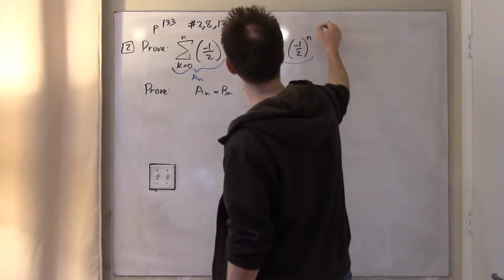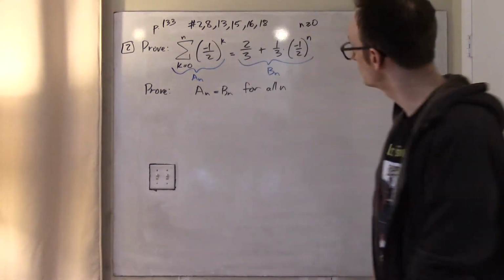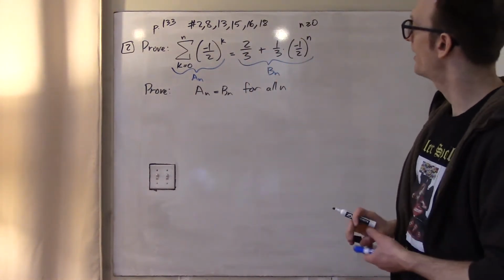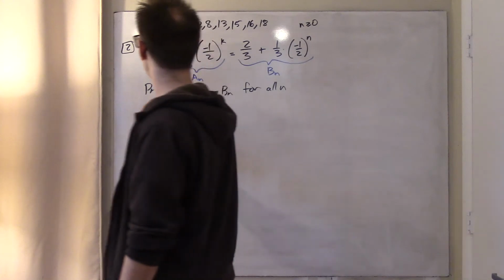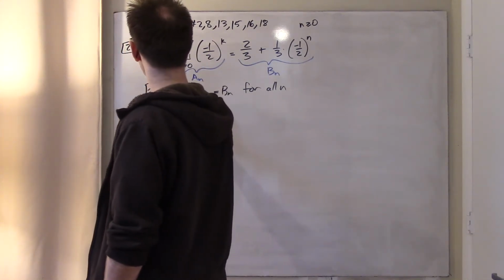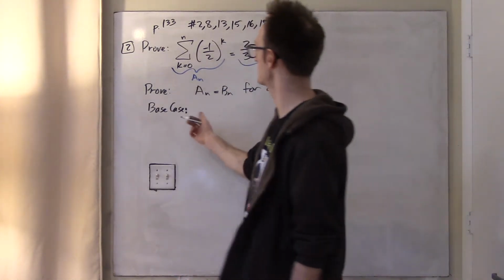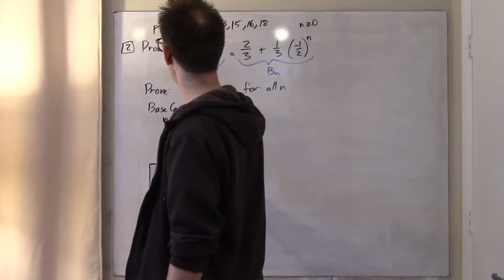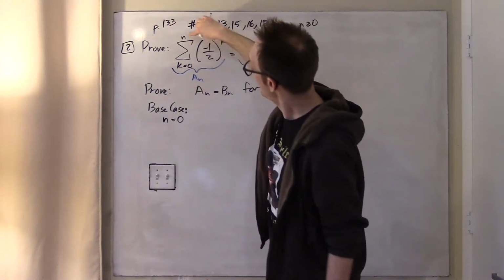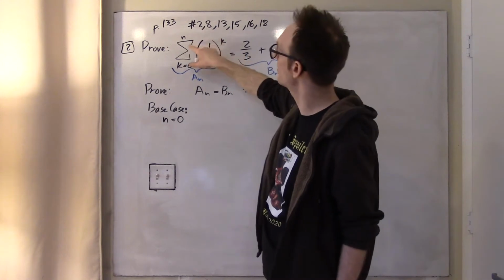So, what is the first n for which this makes sense? Even built into the problem, it says that n should be greater than or equal to 0. Okay, well then let's check out the base case when n equals 0. It's a little bit weird, because if n equals 0, then I'm adding from k equals 0 to 0.